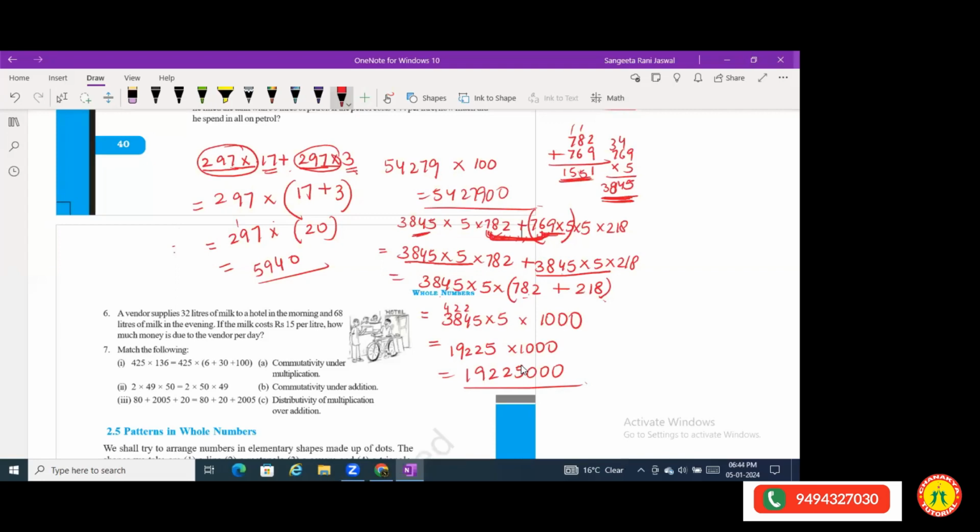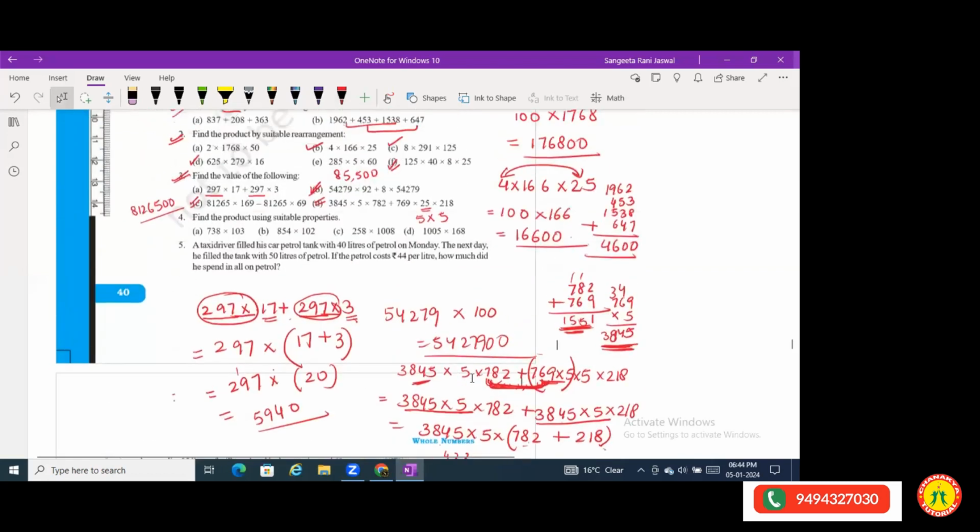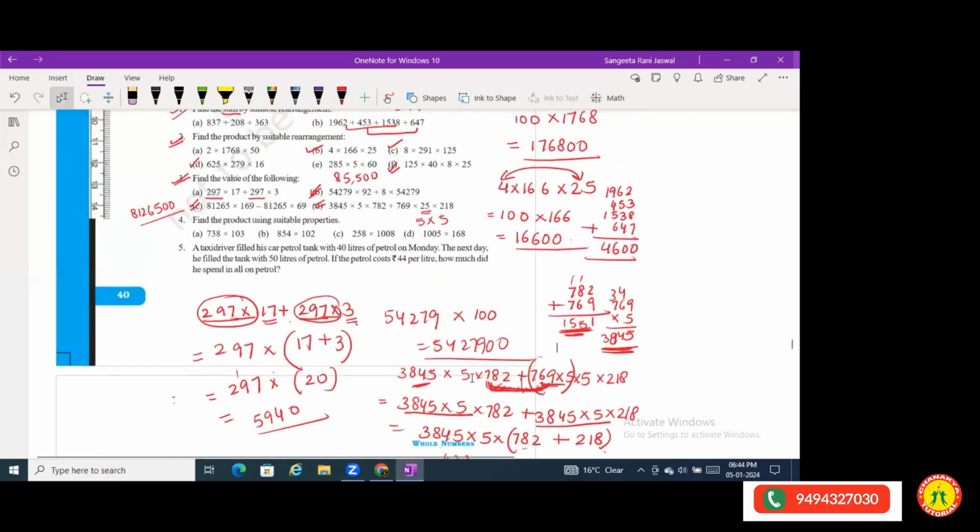Then I thought this is not a suitable arrangement, so let's try something else. Then I took the other two numbers. Okay. So this is the way you should also do. When you try a lot of sums, you will have good practice of this. Then it won't take much time.